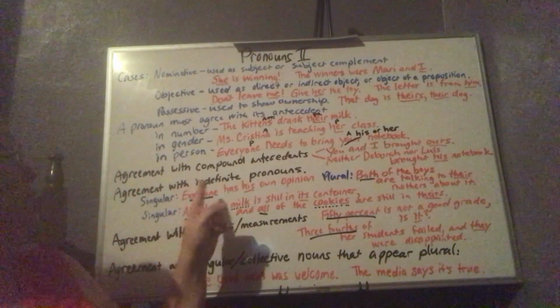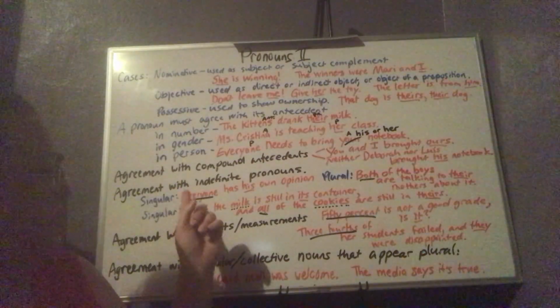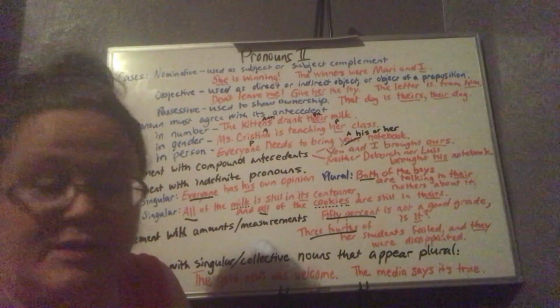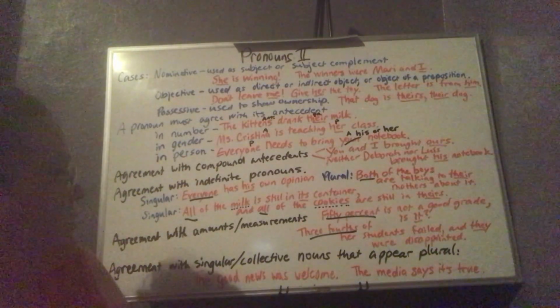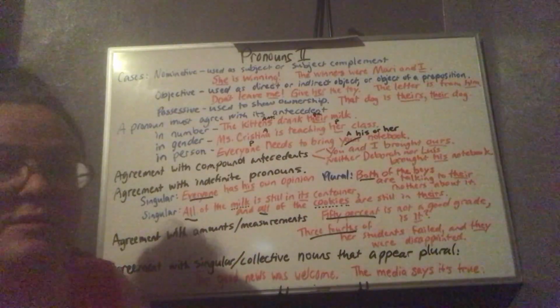Let's see, agreement with indefinite pronouns. So there are singular indefinite pronouns like everyone. It sounds like it's plural, but it's actually singular. Everyone is a singular pronoun, so everyone has his own opinion.